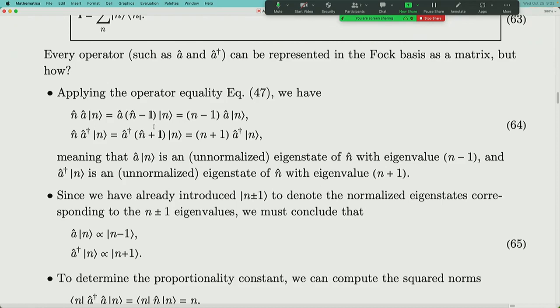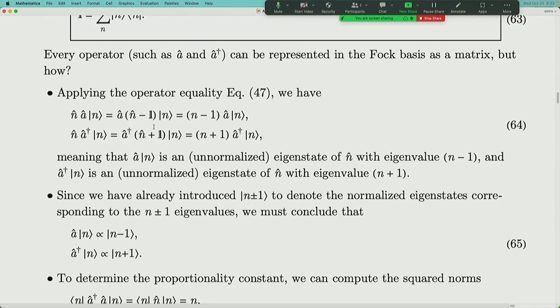If you look at this equation from afar, what happens is that there is a state which is A acting on n. You treat that as a whole, as a state. Now you apply this number operator on that state. What happens is that that state doesn't change, and the only thing that happens is that there is an overall scaling factor appearing in front of this state. So we can only conclude that this state must be an eigenstate of this n operator with eigenvalue n-1.